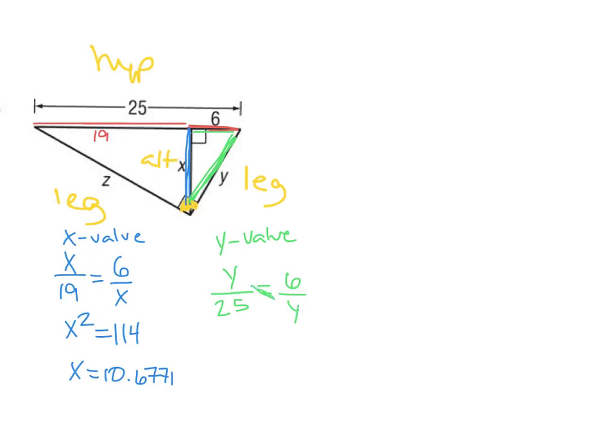So the legs are across from each other. That gives us y squared equals 25 times 6, 150. Take the square root. Once again, we have a decimal, which is okay. 12.247.